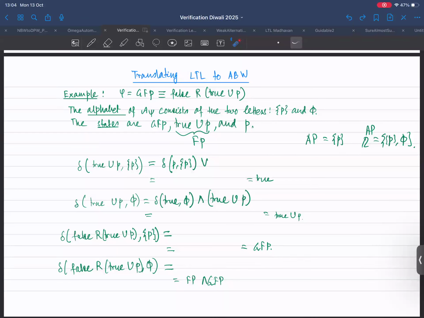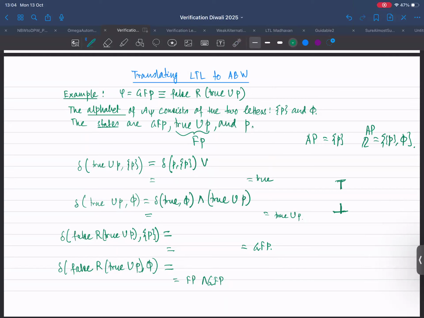Well, you can think of true and false as, whatever transition you have from true, it is always true. It's like a reachability kind of thing. Once you reach false, nothing can be true from there. It's always false. When you reach true, it's always true.